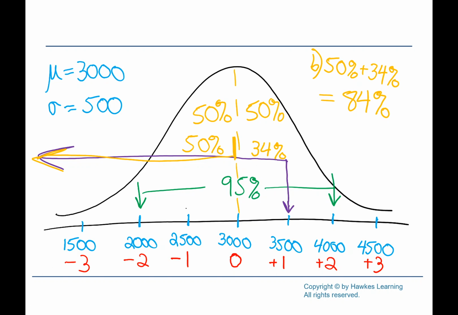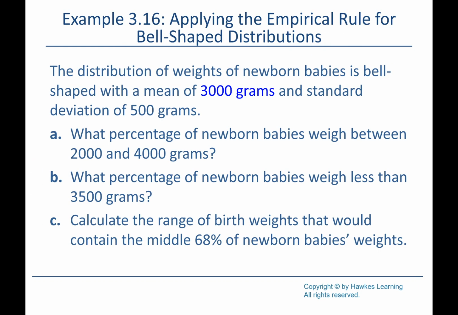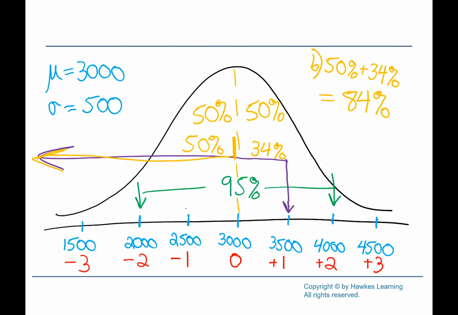All right. Okay, one more, and it's easier. It asks a question the other way around. It says, figure out the range of birth weights that would contain the middle 68% of newborn babies' weights. So 68% of our data is between +1 and -1 standard deviations. So then we would just have to look at our picture and see what those numbers are.